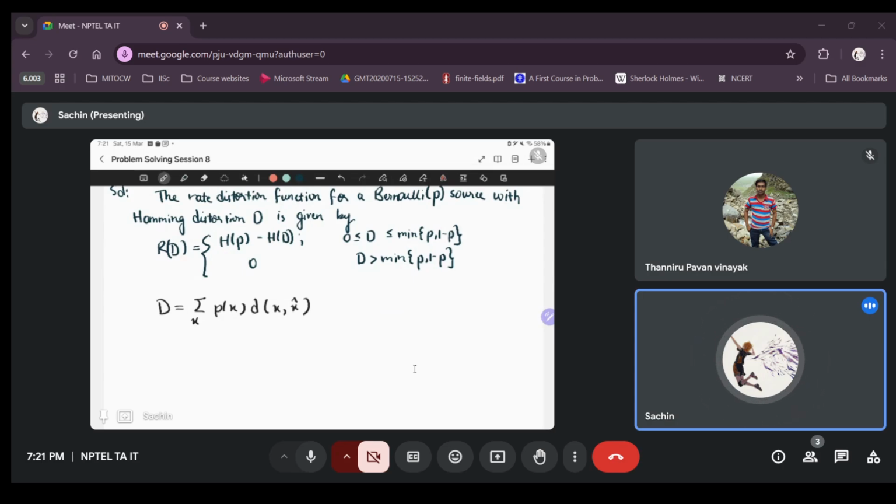And since we are using the Hamming distortion, for Hamming distortion, d of x comma x hat is 0 if x is equal to x hat, 1 if x is not equal to x hat.